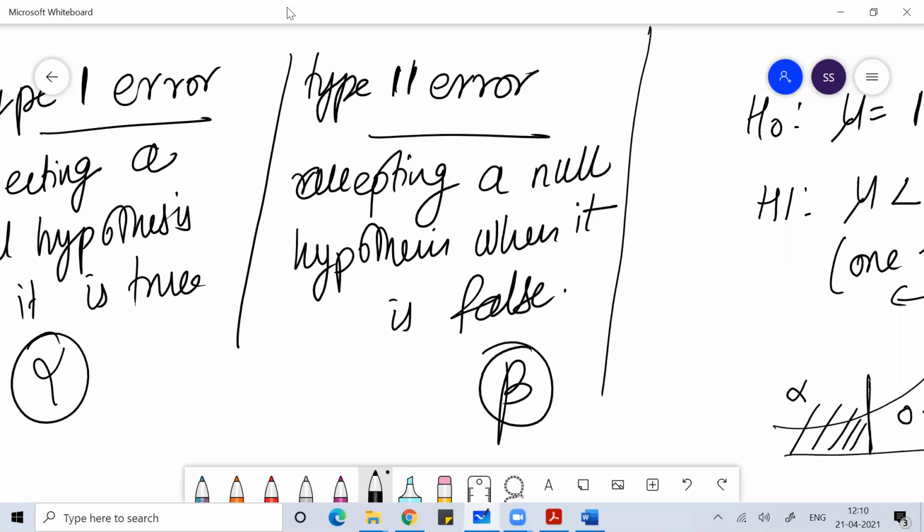All the averages we used to say are equal. In the alternative hypothesis, we used to say that at least two of them are not equal. Same thing we do in the chi-square test, and there we do it in terms of proportion. If you understand both ANOVA and chi-square tests, they are basically two-tailed tests only. So in ANOVA and chi-square, you don't have to think about whether they are two-tailed or one-tailed.